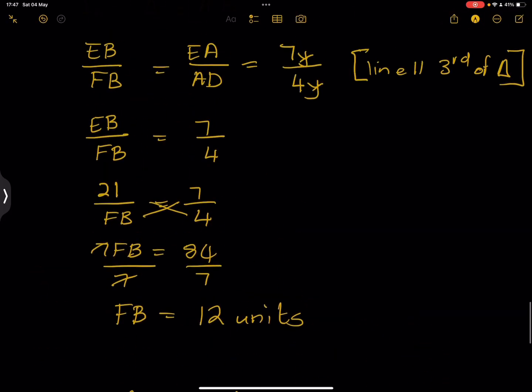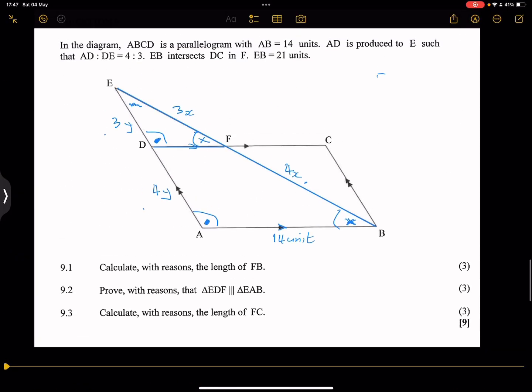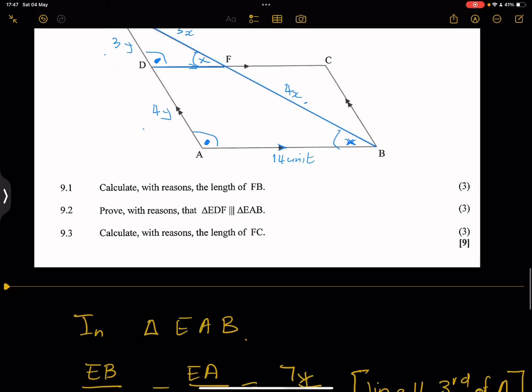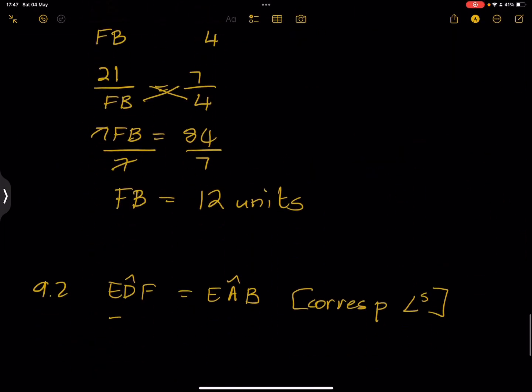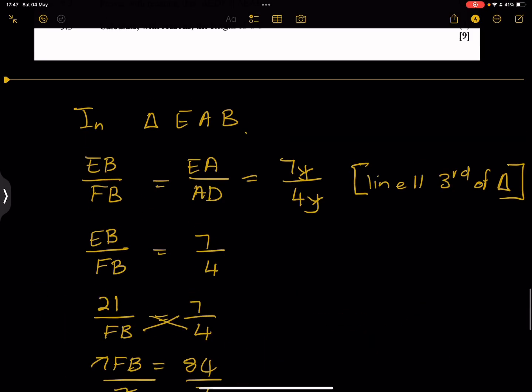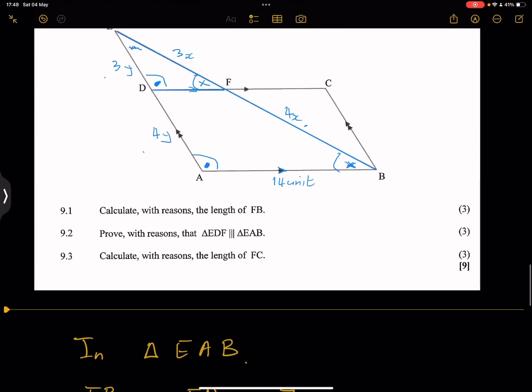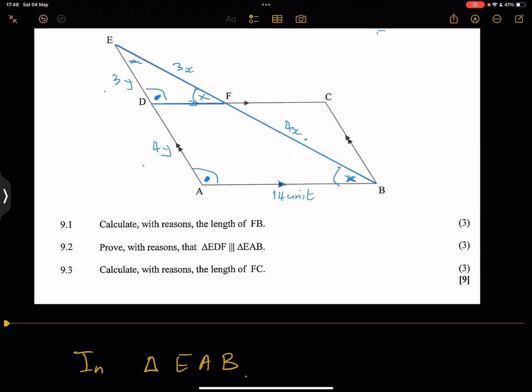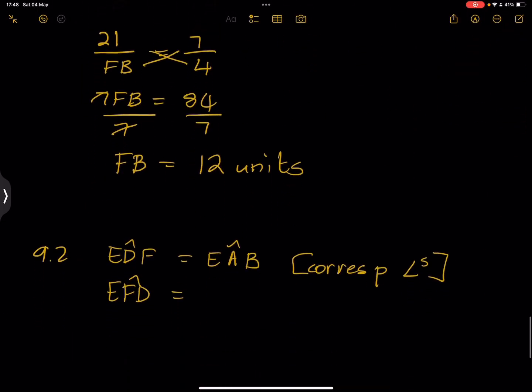And we said EFD is equal to EBA. Again, those are corresponding angles.